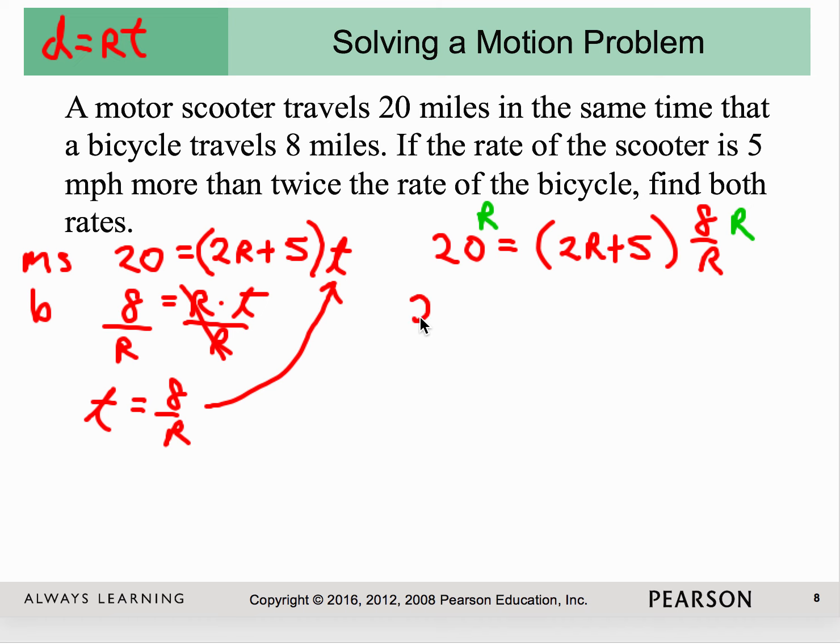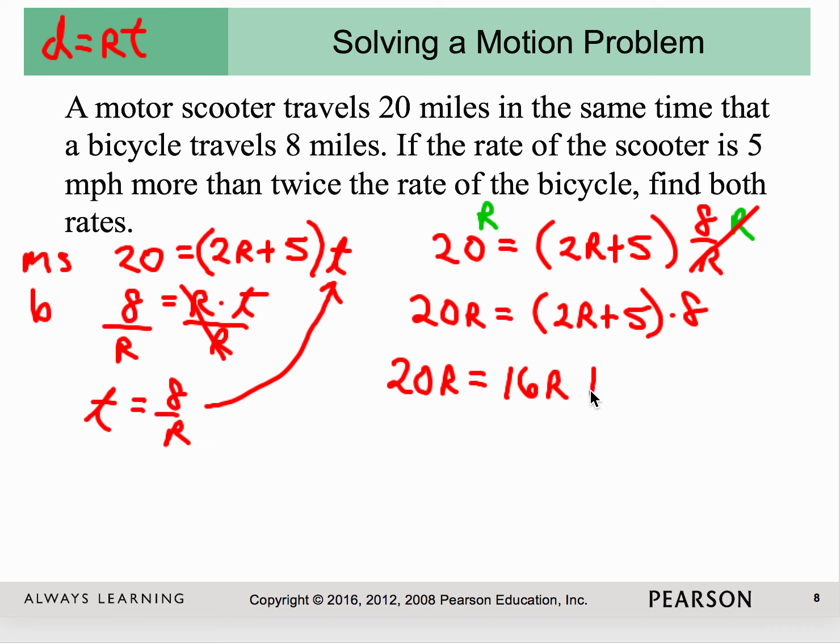Okay, so 20r equals 2r plus 5 times 8. Get rid of parentheses. 20r equals 16r plus 40. All your r's on the same side. Okay, so 4r equals 40.